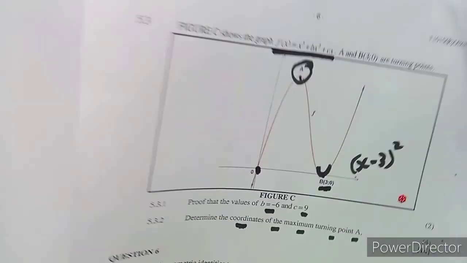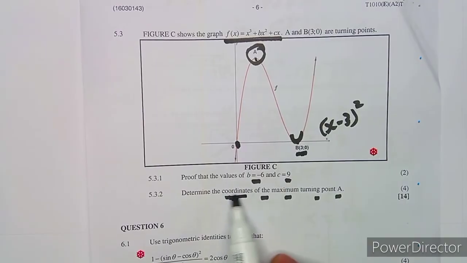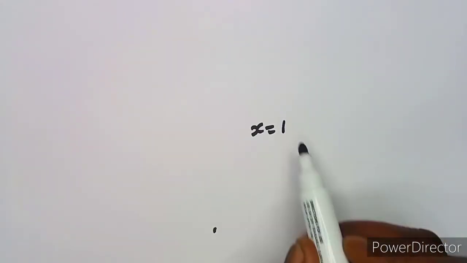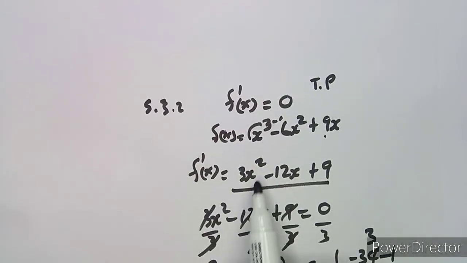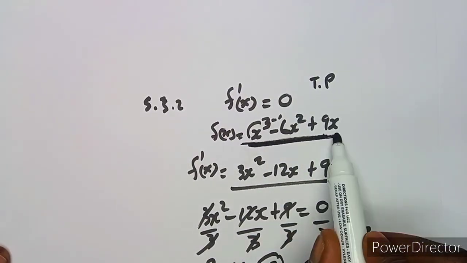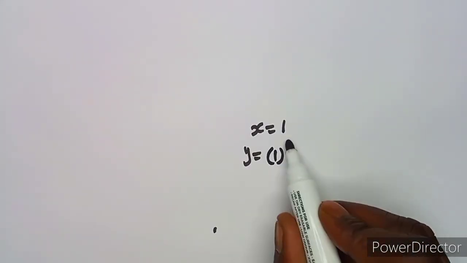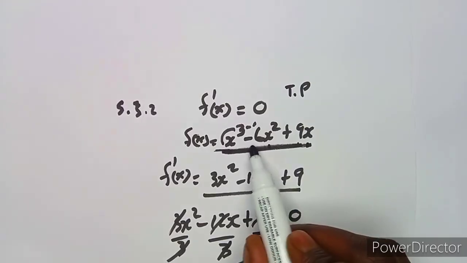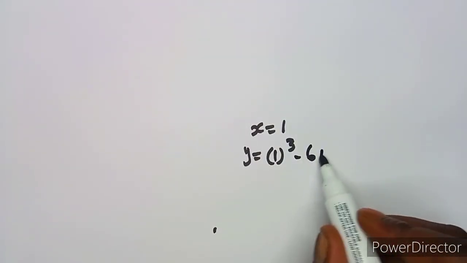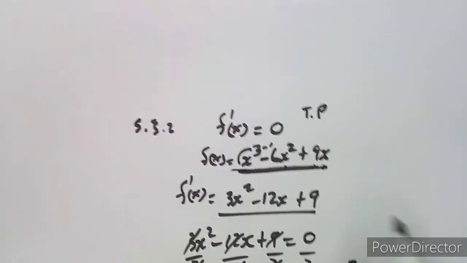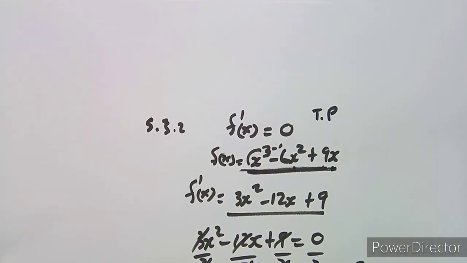So our x is going to be left with 1. So that is the value of x at point A, but we want the coordinates, which means it's a point, where we are saying when x is 1, therefore what about the value of y? To find the value of y, we substitute into the original f of x here. We substitute x, which is equal to 1. So that's 1 to the exponent of 3 minus 6 into 1 squared plus 9 into 1, like that. So you have to substitute 1 in place of x, just like that.